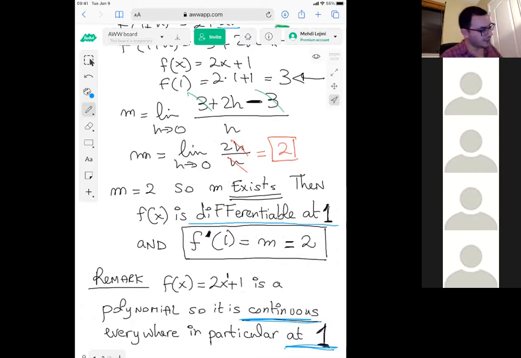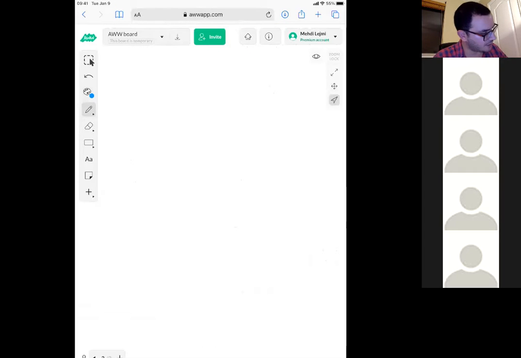All right, so now let's have our first example where f is not differentiable, where this number m does not exist. I'm gonna move to the next page, if it's all right with you. So that will be example number 2. In this example number 2, I'm gonna take a very simple function.